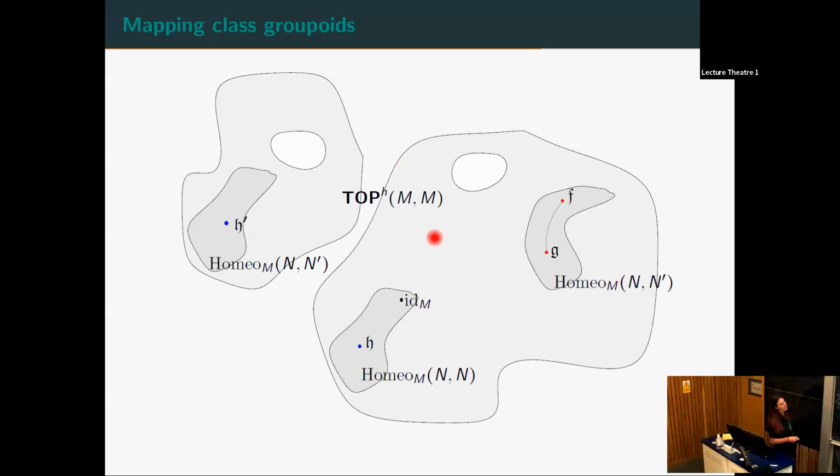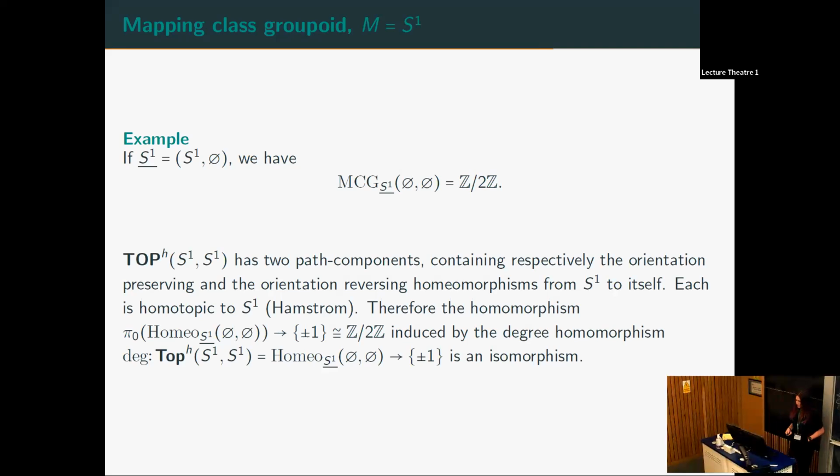So now what we have is we just have these points which live inside these darker squares. And notice now maybe one in this connected component which doesn't contain the identity. And then our equivalence relation is just a path living completely inside this space of homeomorphisms from n to n prime.